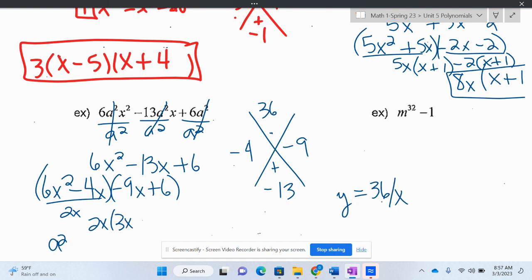And negative 4x divided by 2x leaves me with a negative 2. What can I divide this by? A 3. So let's see. I'm taking out a positive 3. Negative 9x divided by 3 is negative 3x.